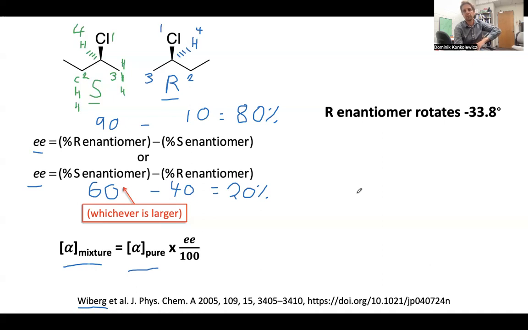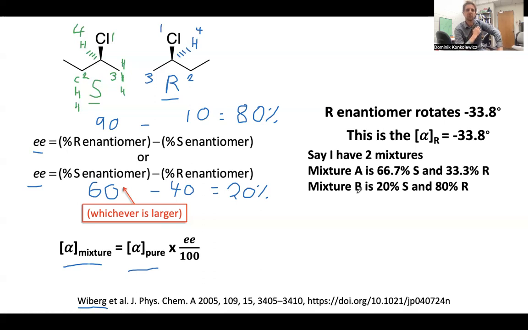That means the S enantiomer rotates plus 33.8 degrees in the pure enantiomer form. But what about if we have a mixture? The specific rotation for the R enantiomer is negative 33.8. What about if we have some mixtures?